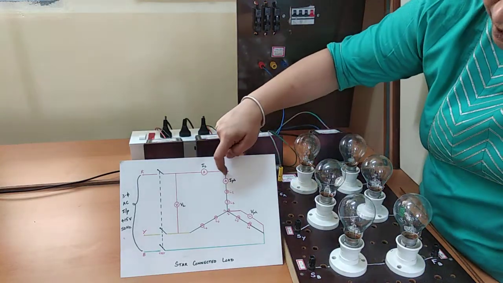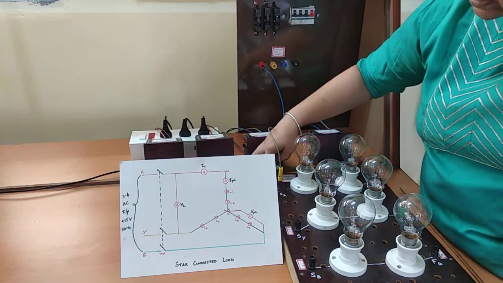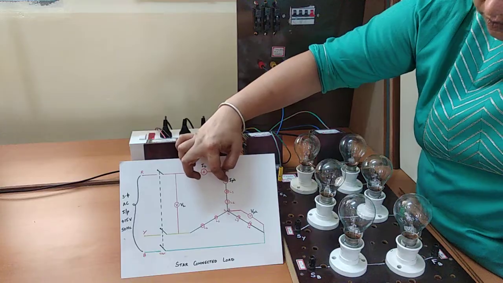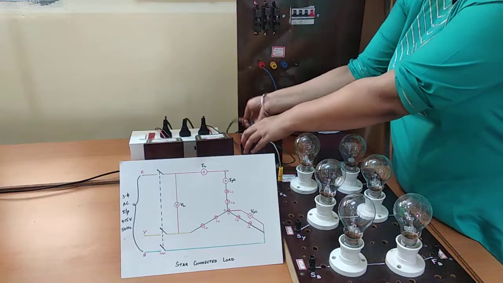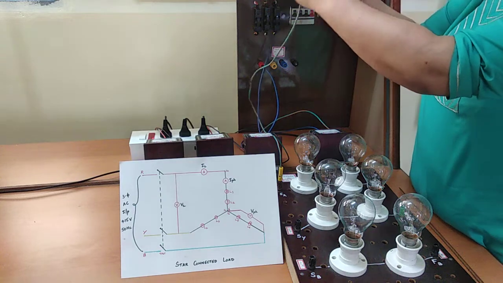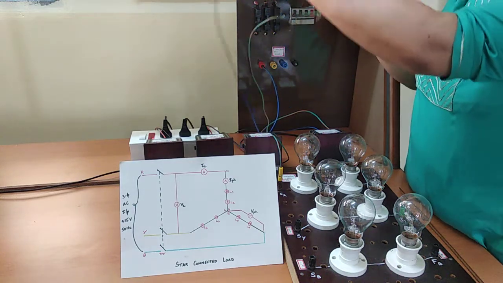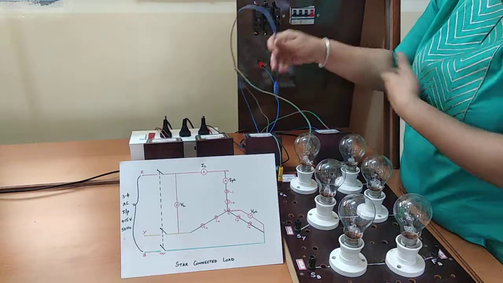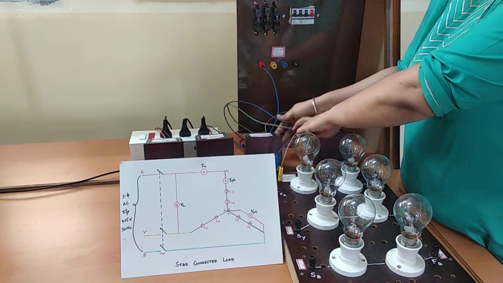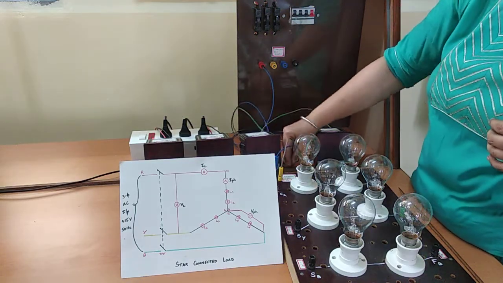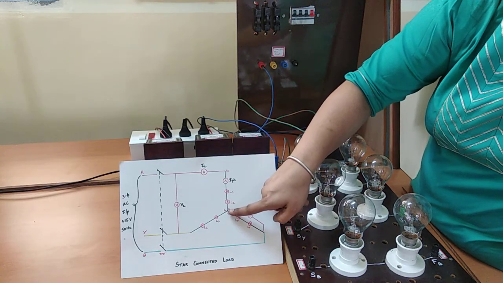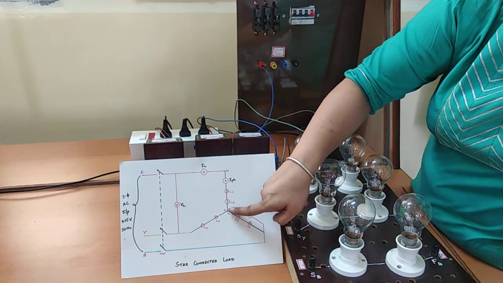Then from SR we have an internal connection here indicated with the white line. Then we have another ammeter which is connected here. So another ammeter which has 2 leads is connected at these 2 points. After this, lamp 1 and lamp 2 are connected, and we have the points FR, FY and FB connected at this point.